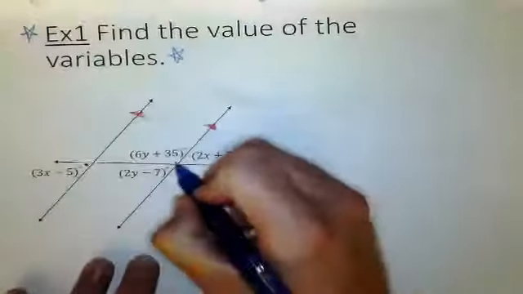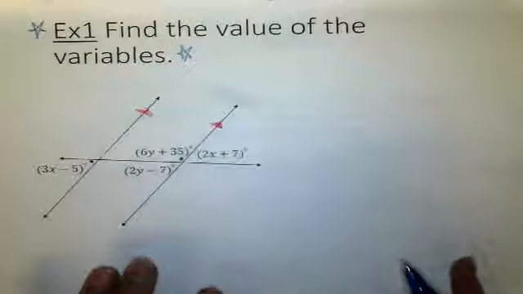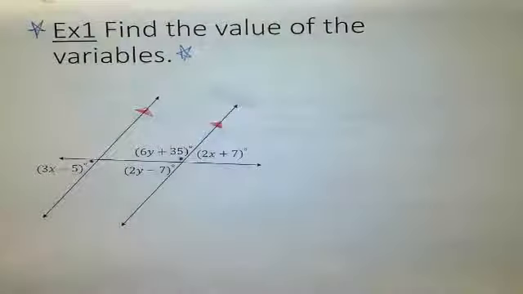Down here, we have 6y plus 35 degrees. Below that, 2y minus 7 degrees. And then the far right one, 2x plus 7 degrees. So we do know that we have parallel lines.